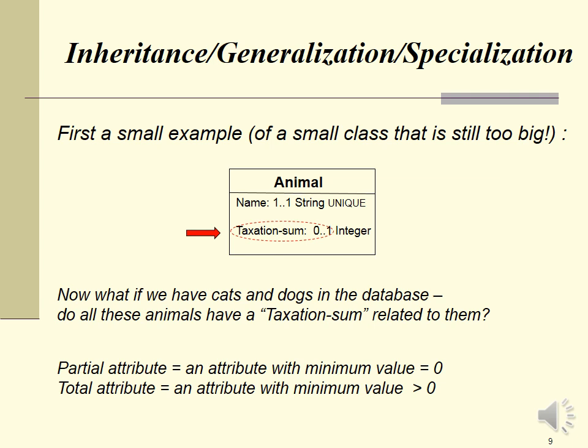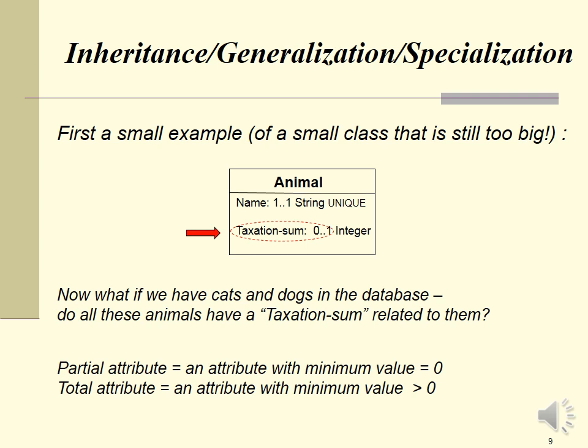The name has a cardinality constraint, which is 1..1. That means that the name always exists for the animal. The minimum value is 1. There must always be a name. And the number of names that an animal can have is at most 1. So 1..1.